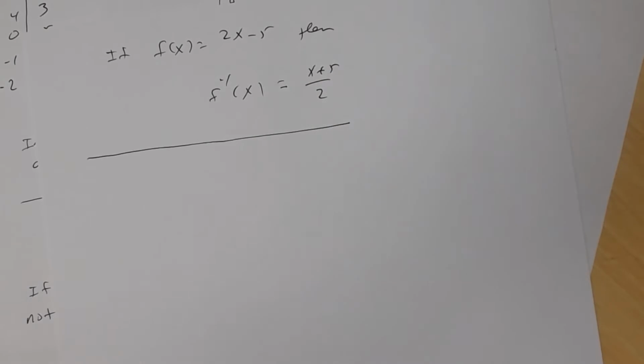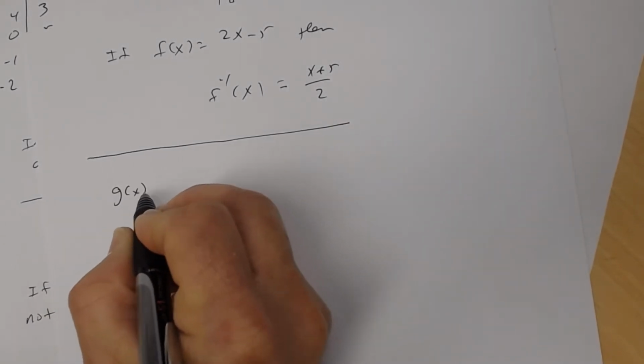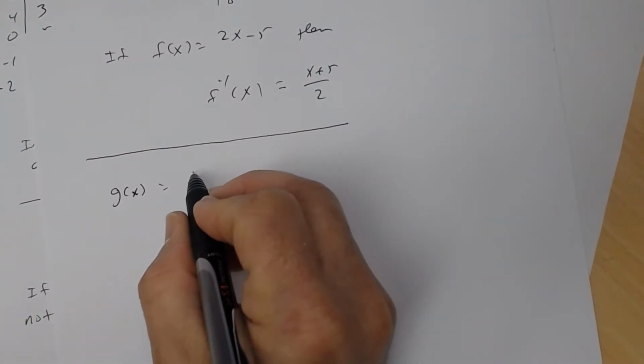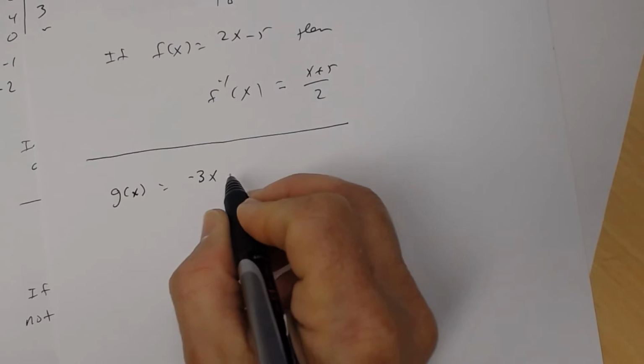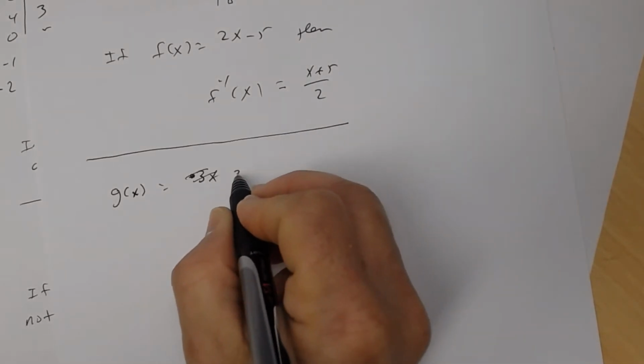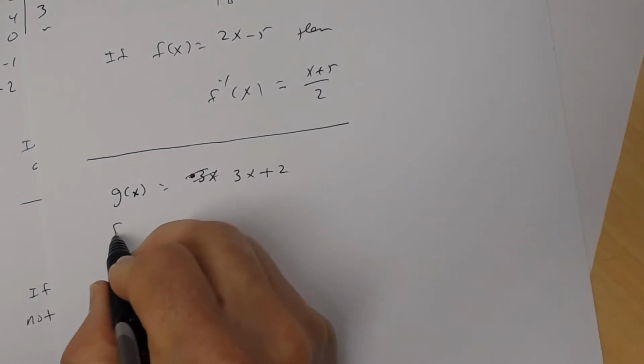Suppose you're told that g of x, I'm using different notation this time, is positive 3x plus 2. So 3x plus 2, that's g of x. And I ask you to find the inverse.